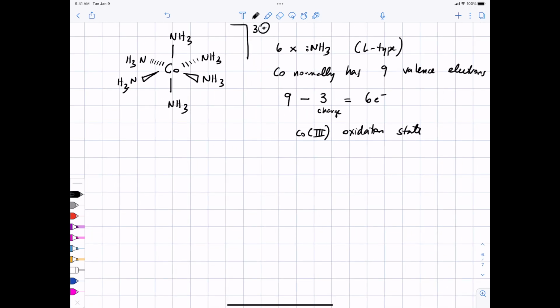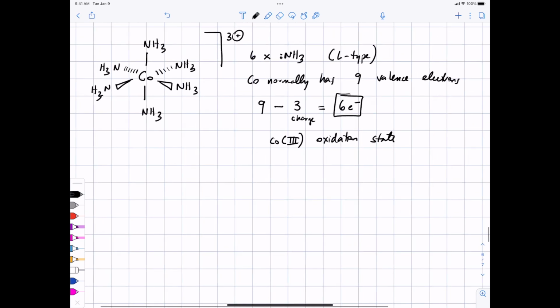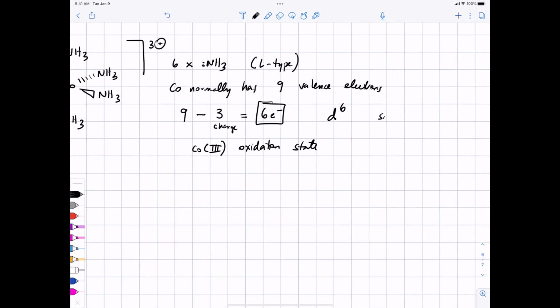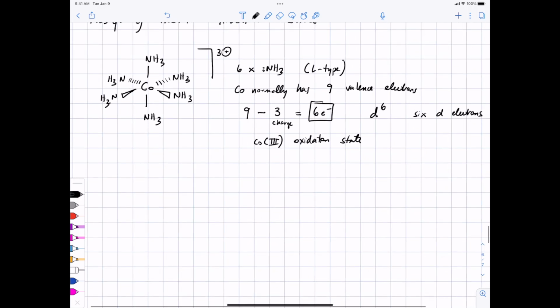Now, we said it's got 6 valence electrons. They're all in d orbitals, so we sometimes say that cobalt is a d6 metal, or it has 6 d electrons. Sometimes it's also useful to count the total number of electrons that are participating either on the metal, 6 d electrons, or electrons from the ligands.